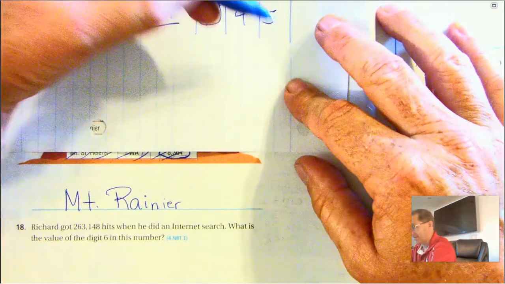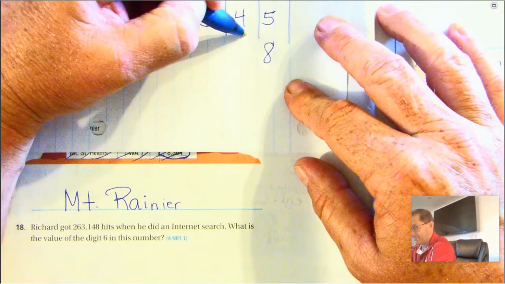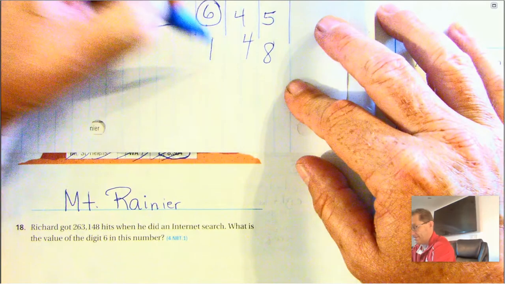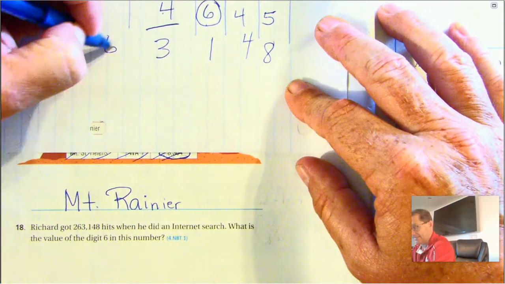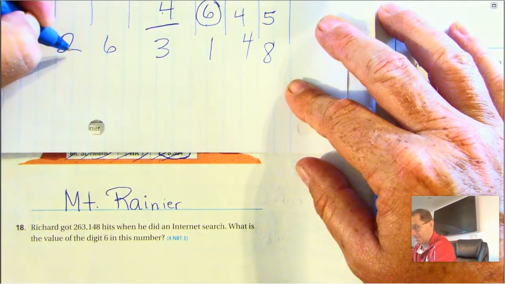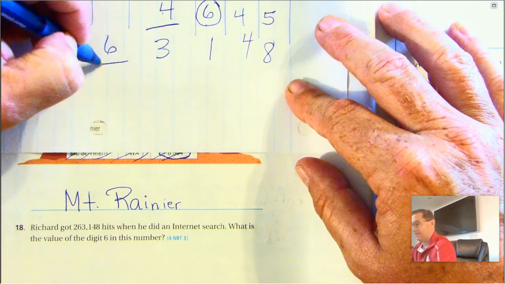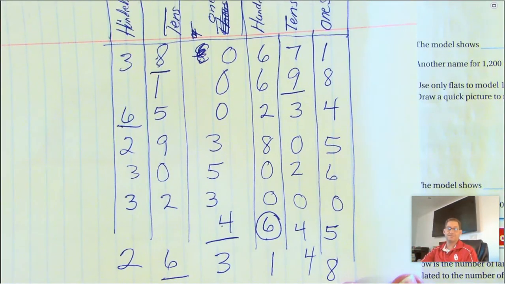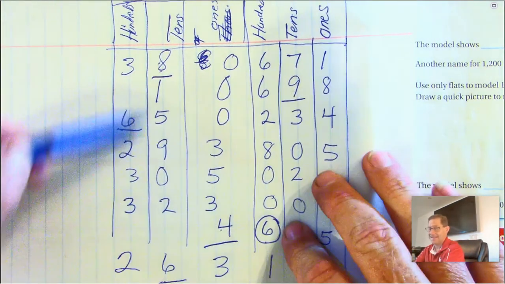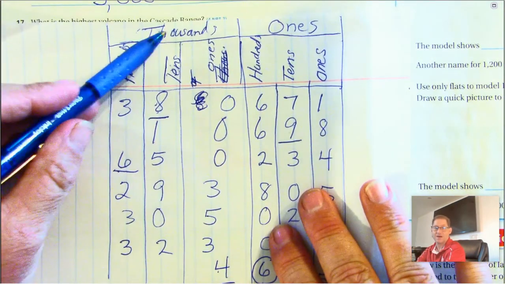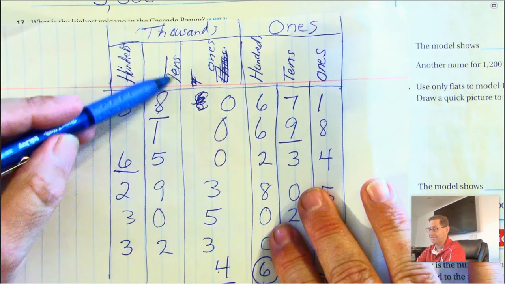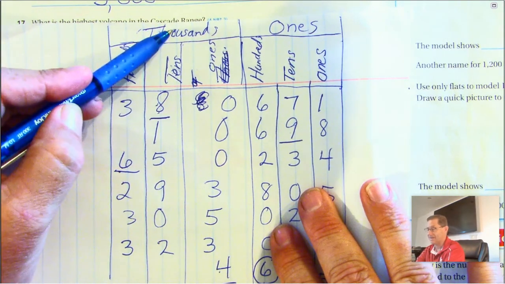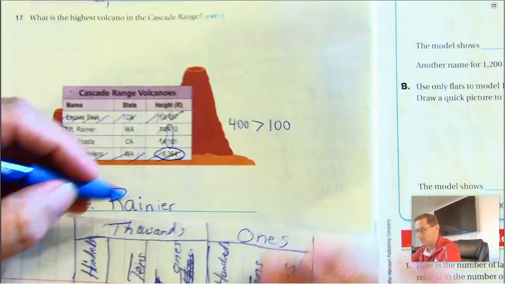So I'm going to write 8, 4, 1, 3, 6, 2. And I have to find the place value of the 6. So I look at the 6, and I see it's in the ten thousands. So 6 tens is 60 in the thousands. 60,000.